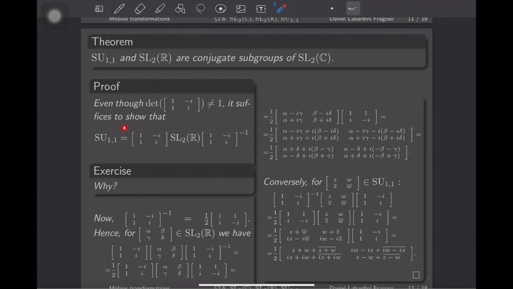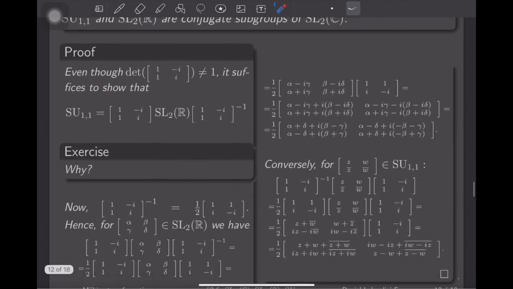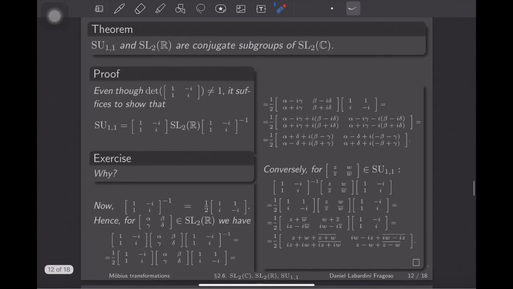Okay, now checking this equality, it really is just using the explicit description of the entries of the elements of SU11 and just matrix multiplication. Right?